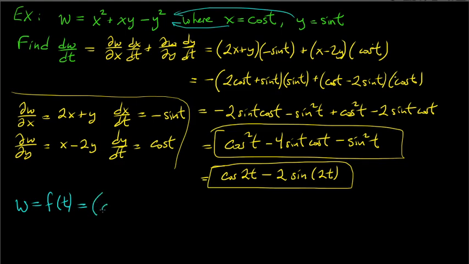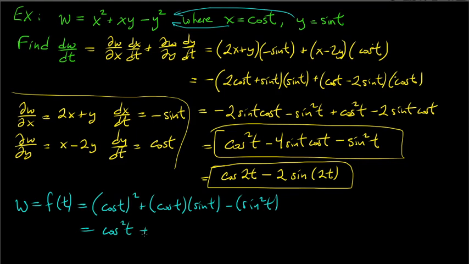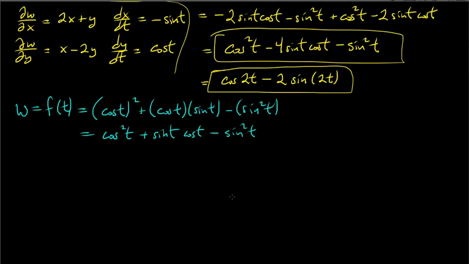We get, let's see, x squared is cosine squared of t, plus cosine times sine, minus y squared is minus sine squared. So you get cosine squared plus sine times cosine, and then minus sine squared. Right? And now that's just w as a function of t.